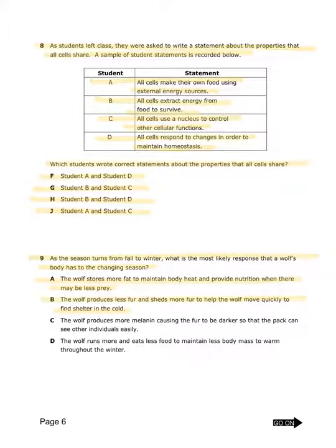C, the wolf produces more melanin, causing the fur to be darker so that the pack can see other individuals easily. D, the wolf runs more and eats less food to maintain less body mass to stay warm throughout the winter.